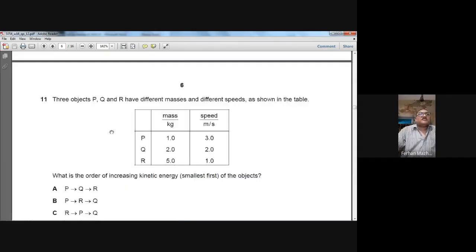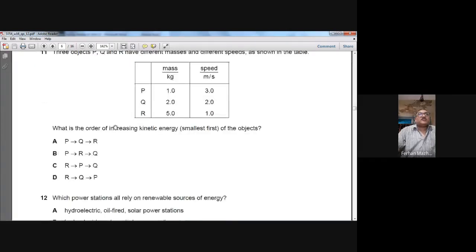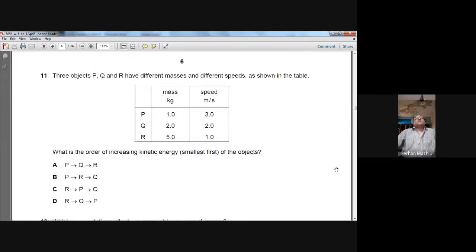Okay, on our screen right now we have question number 11. Three objects P, Q, and R have different masses and different speeds as shown in the table. What is the order of the increasing kinetic energy, smallest first, of the objects? So he wants us to arrange them in the increasing order of kinetic energy. So first of all, we need to calculate the kinetic energy.